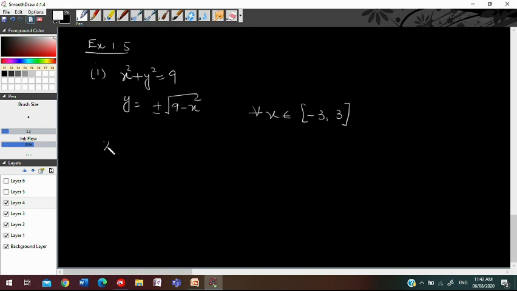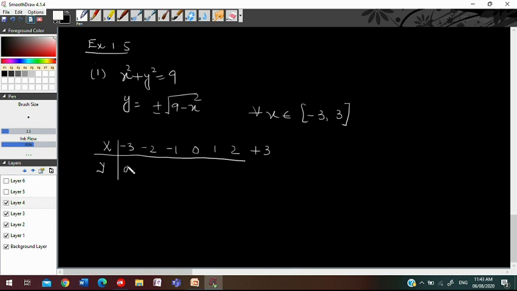So the domain is from -3 to +3: -2, -1, 0, 1 and 2. For these values you can find the range of your function, the corresponding values for y. You put -3 over here and get the answer.